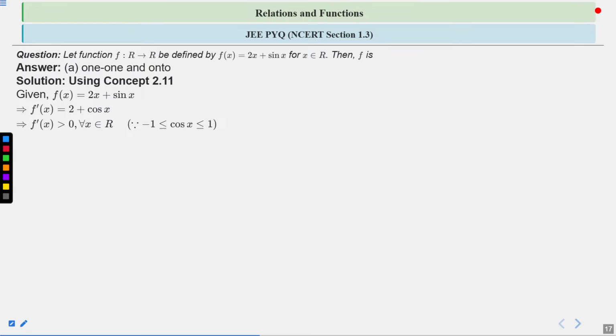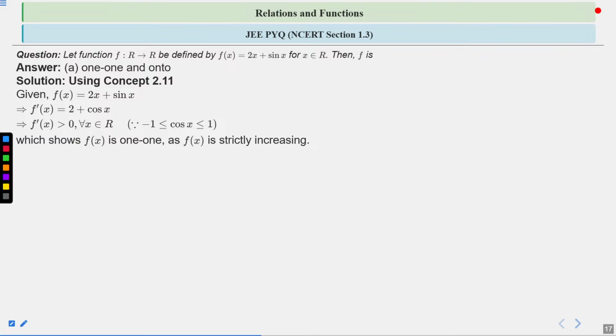We can say that f'(x) will always be greater than 0 for all x belonging to real, because cos x will always be between minus 1 to 1. So if cos x is between minus 1 to 1, you can say that 2 plus cos x, even if you take the minimum value, minus 1, 2 minus 1 is 1. So f'(x) is always greater than 0 for all x belonging to real.